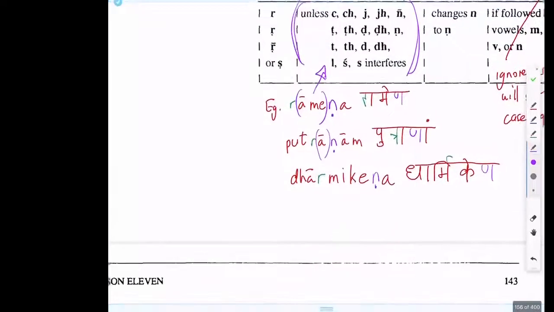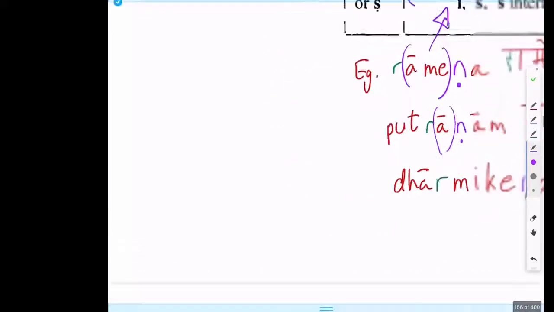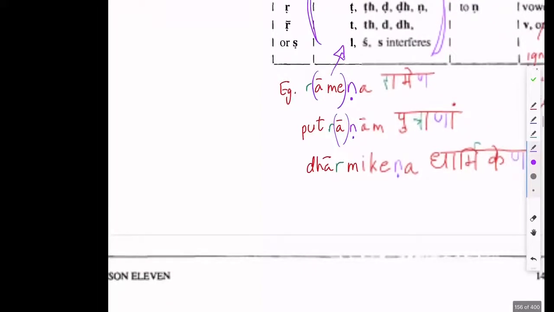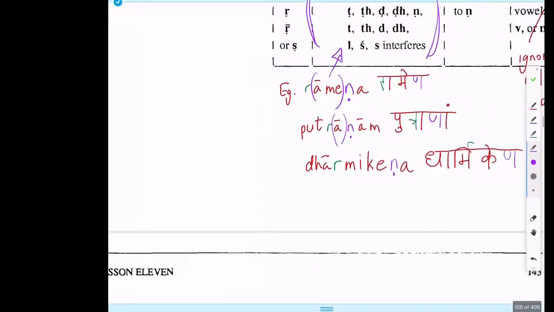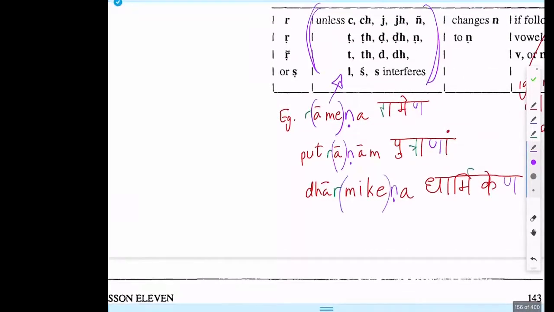These are the saviors. And then dharmikena, with virtuous. Again, look at this. So many letters and yet not a single savior. Therefore, the n still gets a retroflex. All right, so none of these letters are found there. Therefore, the n gets retroflexed.